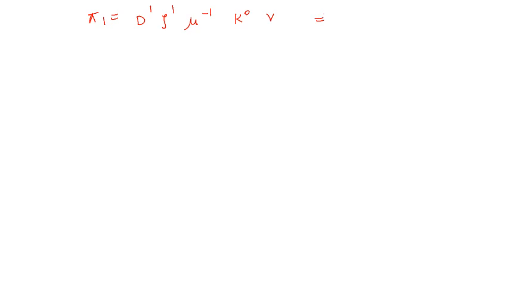In short, this is d rho v by mu, which is nothing but the Reynolds number. Now for the phi 2 term, we check that one.